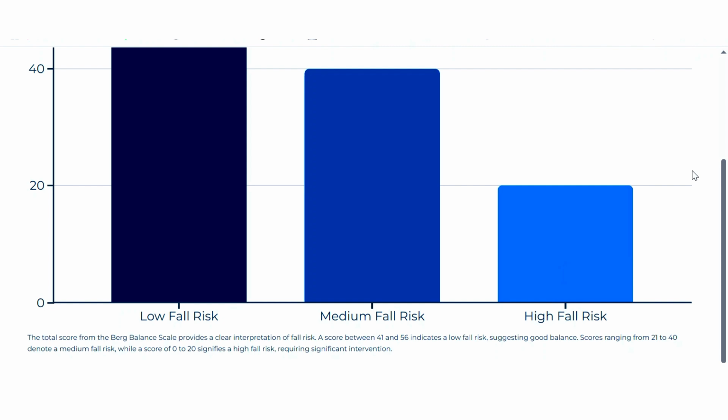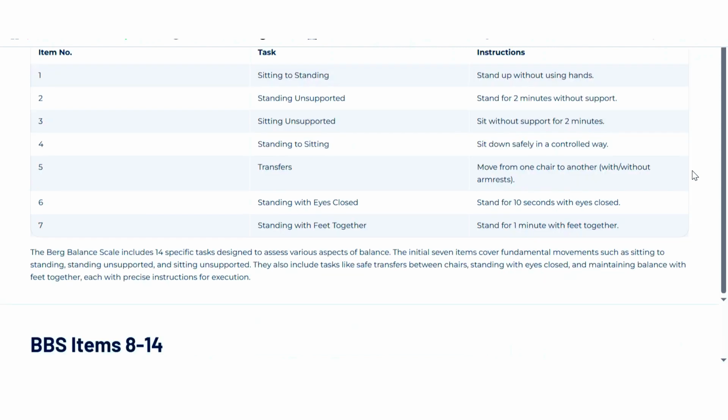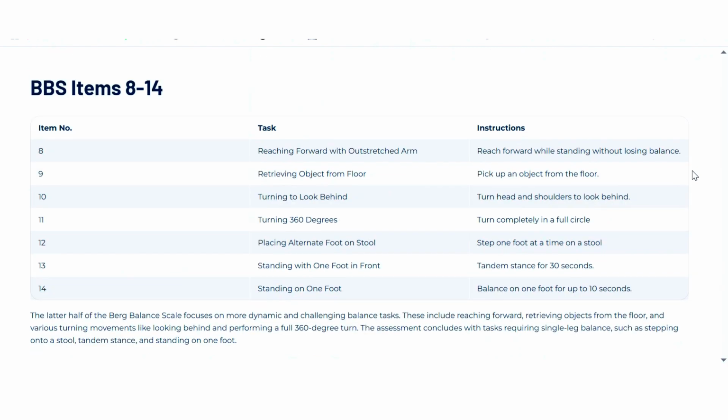Now we are going to the basic items, how we are going to perform this BBS scale. The Berg Balance Scale basically indicates 14 tasks, starting from 1 to 7.